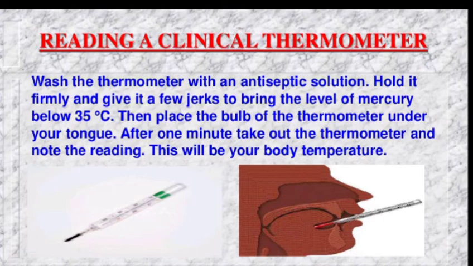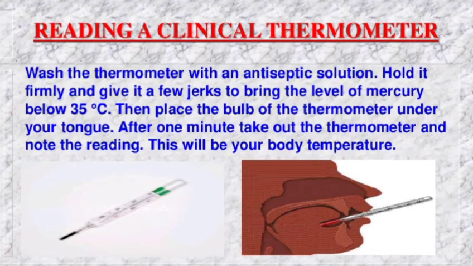Thus, the level of mercury remains constant even after taking the thermometer out of the mouth. But the mercury in the stem is brought back to the bulb by giving a few soft jerks with our hands before the thermometer is used again. That is why we are advised to give a few soft jerks with our hands before using the thermometer again for some other patient.